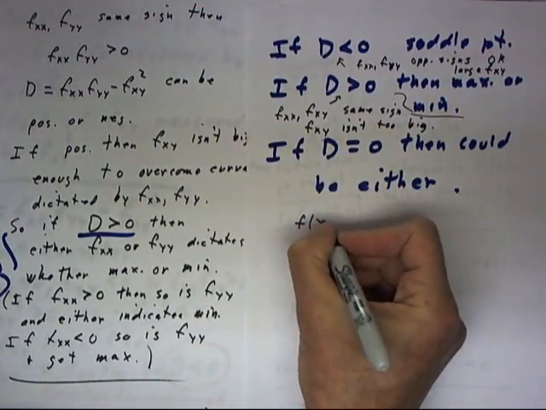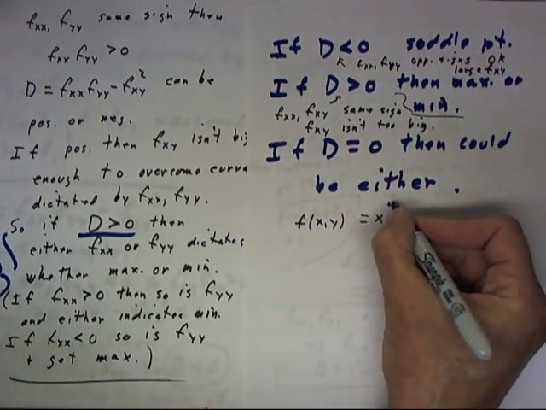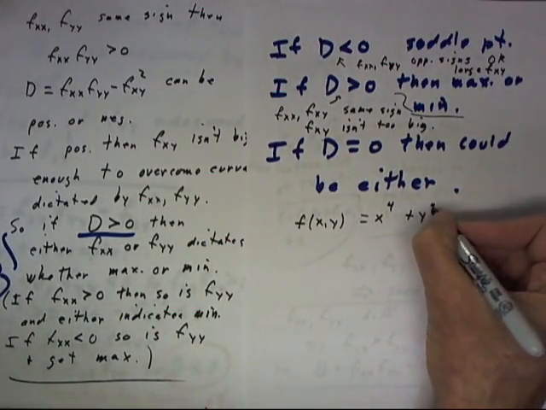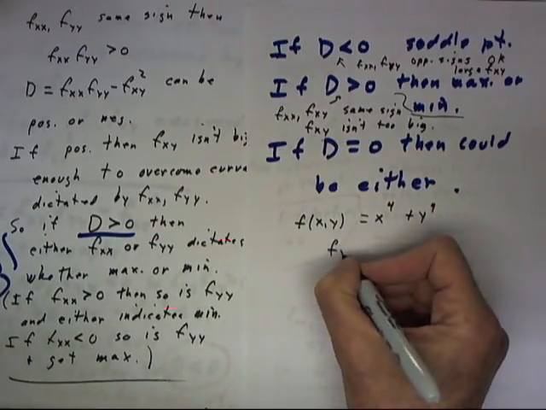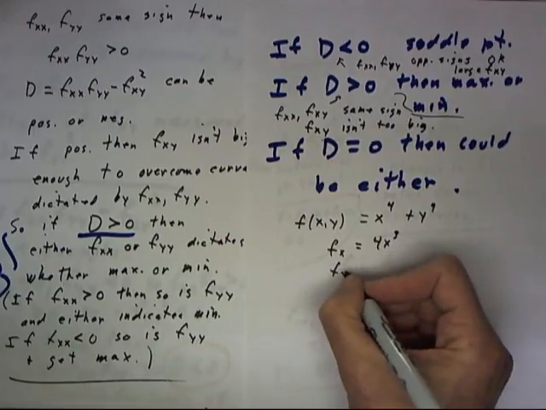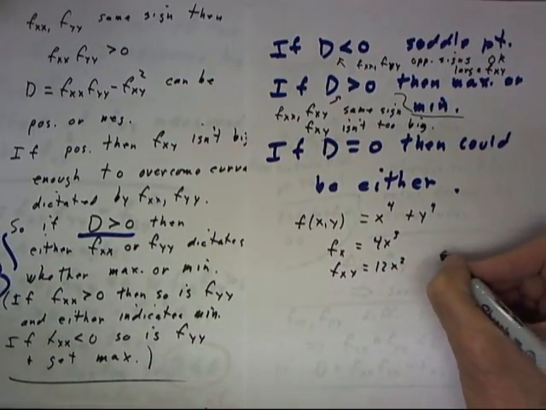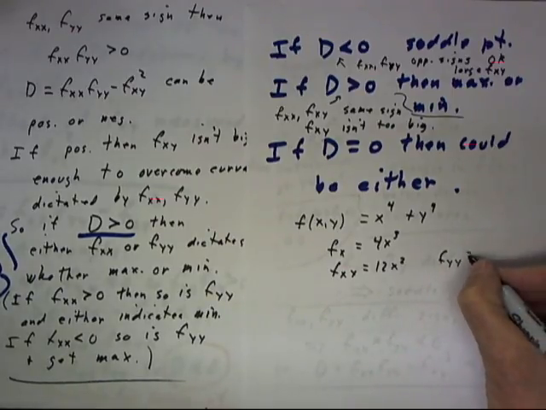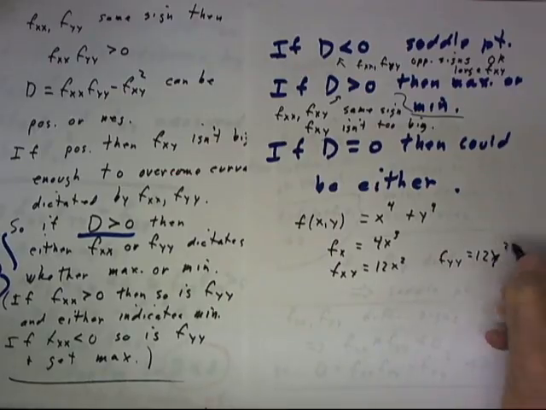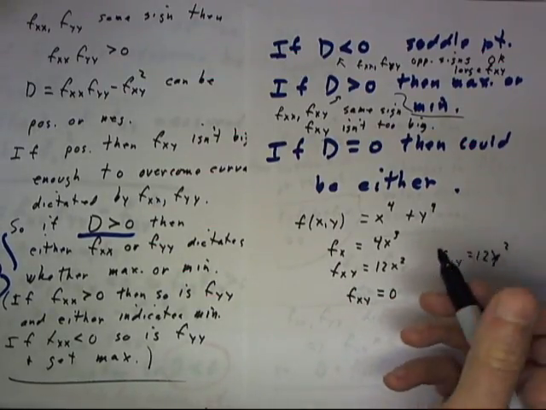If f of xy equals x to the 4th plus y to the 4th, then fx equals 4x cubed, fxx equals 12x squared, fyy equals 12y squared, and fxy is 0.